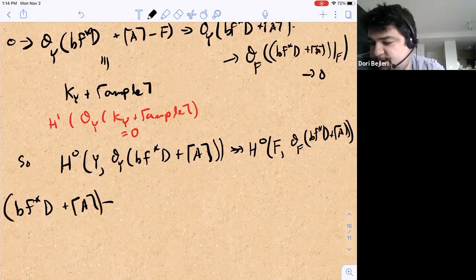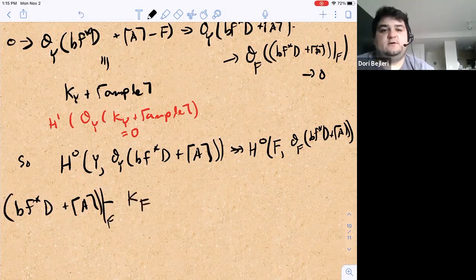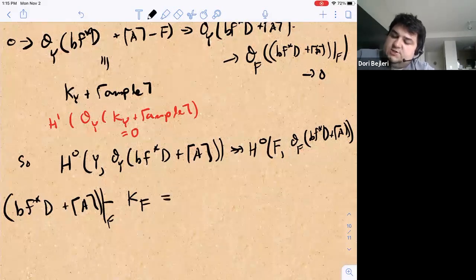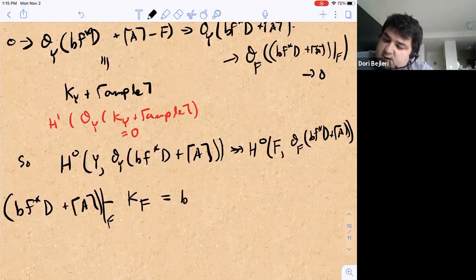This stuff restricted to f minus the canonical of f. We want to check the assumptions of non-vanishing. So G will be this roundup of a restricted to f. So this whole thing is equal to, well, by adjunction, this kf is like kx plus f restricted to f. So this is bf upper star d plus a minus kx minus f restricted to f.